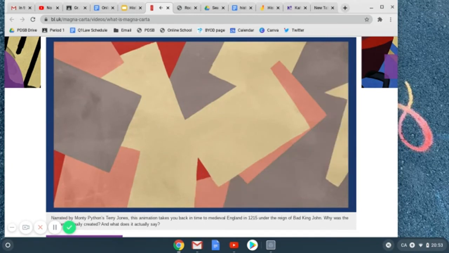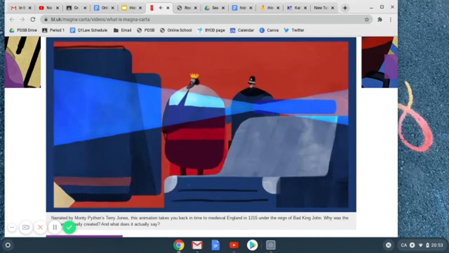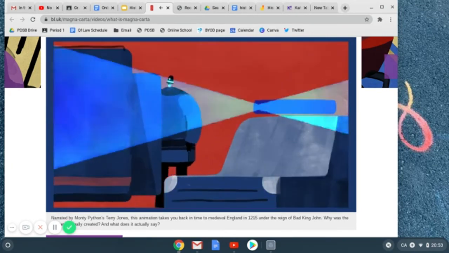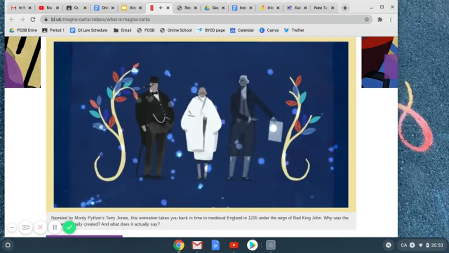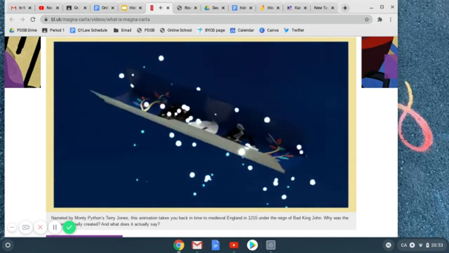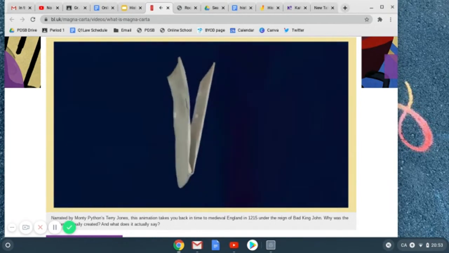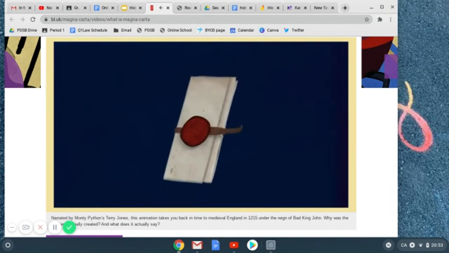Perhaps Magna Carta's most important legacy is that everyone, including our leaders, must obey the law. What started out as a document of specific complaints from a group of barons has turned into an international symbol of liberty, without which we might not have the rights we value so much today.